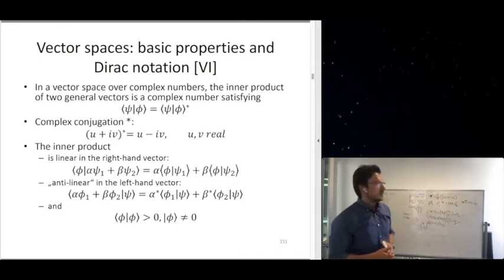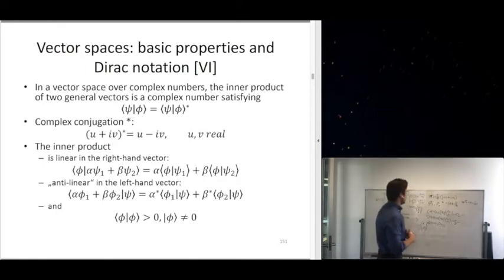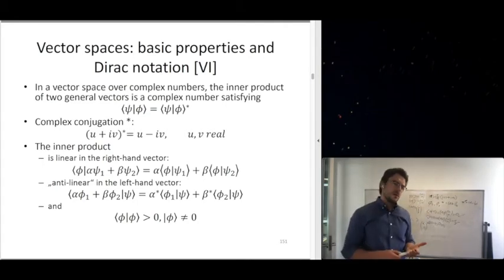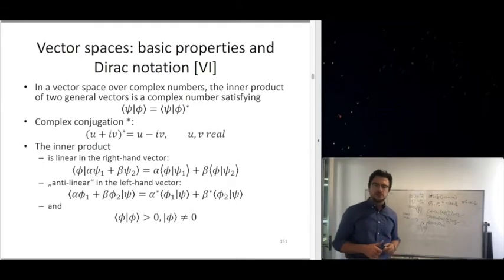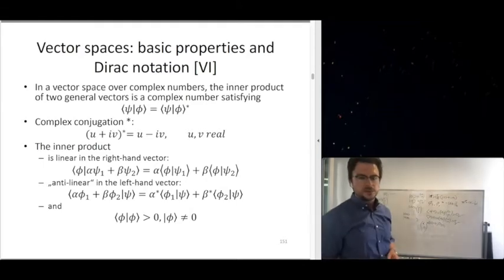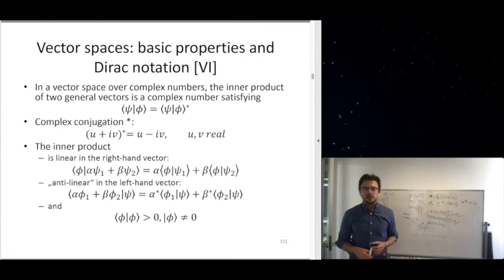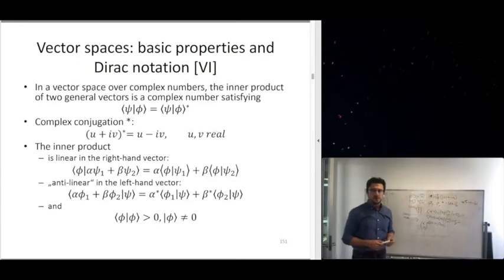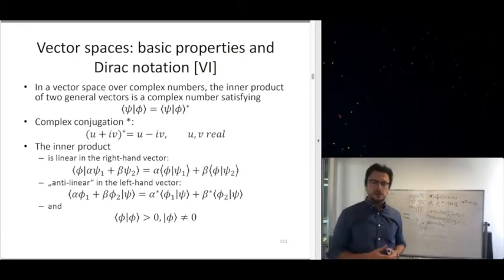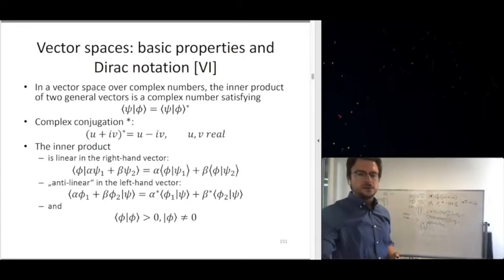That means the transformation preserves the unity of the vector space. So you want to make sure that every transformation you execute also preserves the unity. The inner product is linear in the right-hand vector, as the example in the slides shows, and anti-linear in the left-hand vector. I'll leave that to you to read through, but it's fairly straightforward.